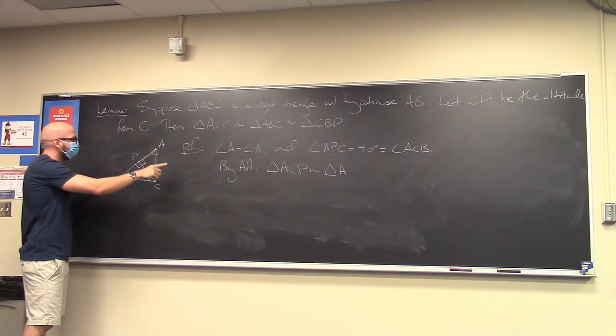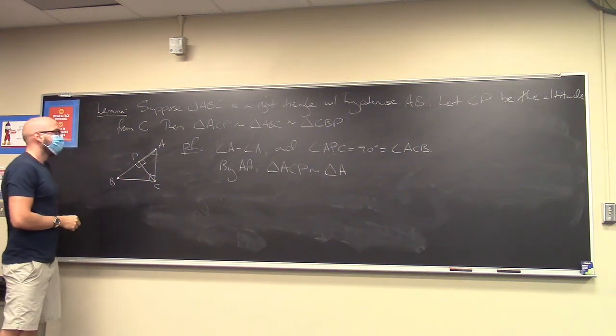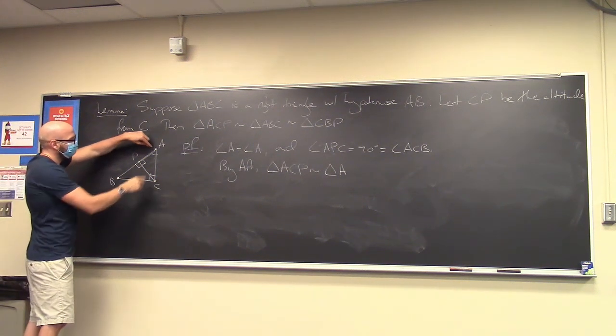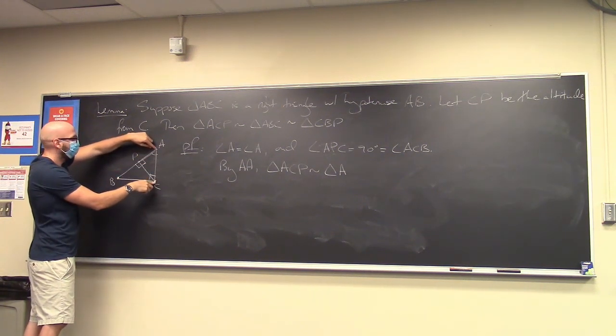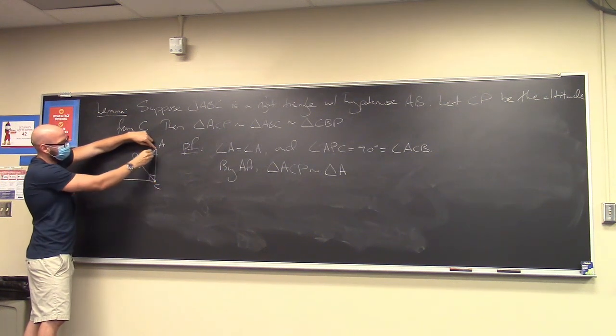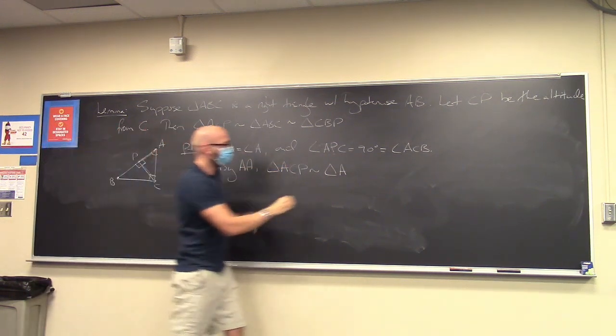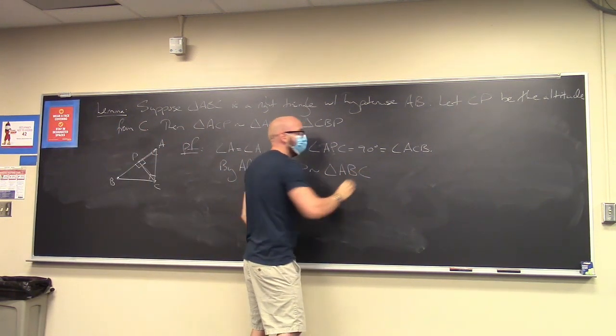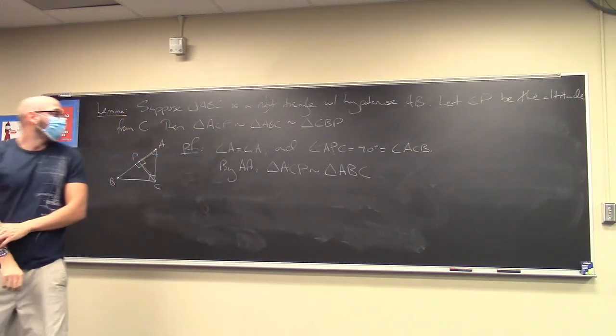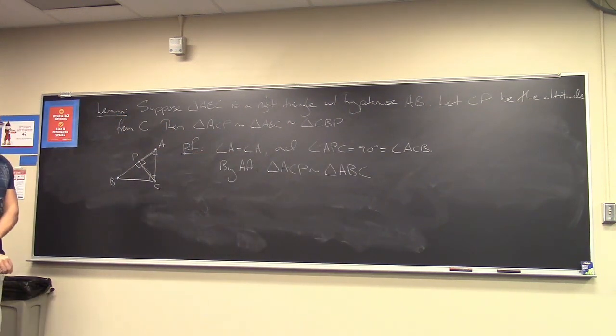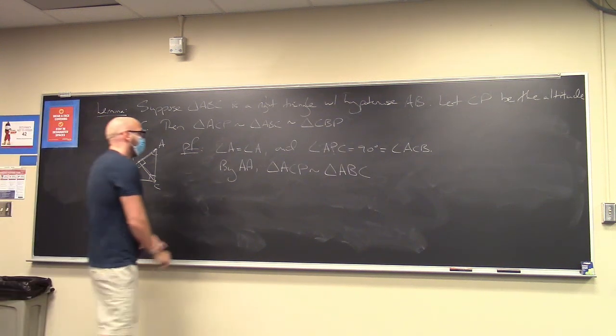ACP, oh no, I've just gone backwards. Why don't we just identify the hypotenuse, that'll be a lot easier. AC is the hypotenuse of this triangle, right? So that matches up with the hypotenuse over here. AC matches up with AB. Let's see, there we go.